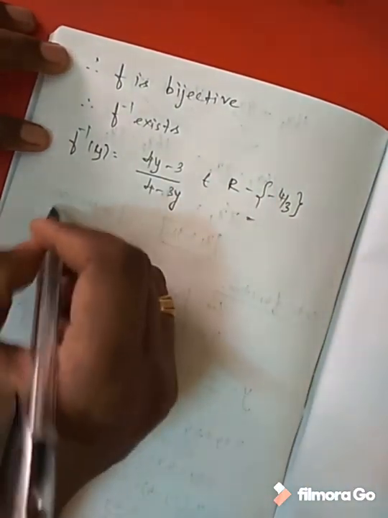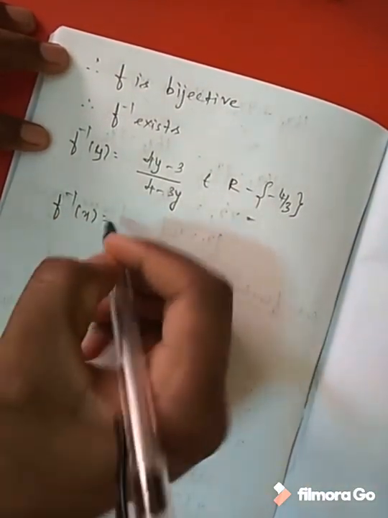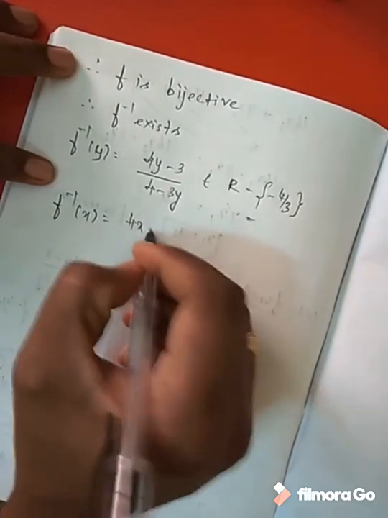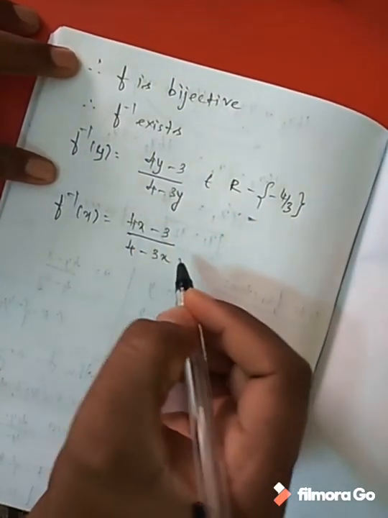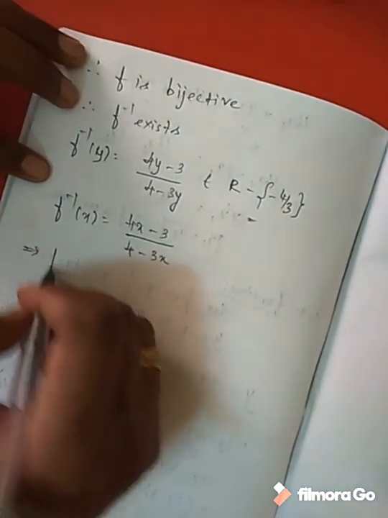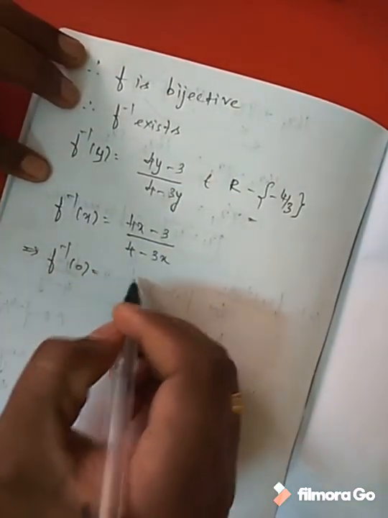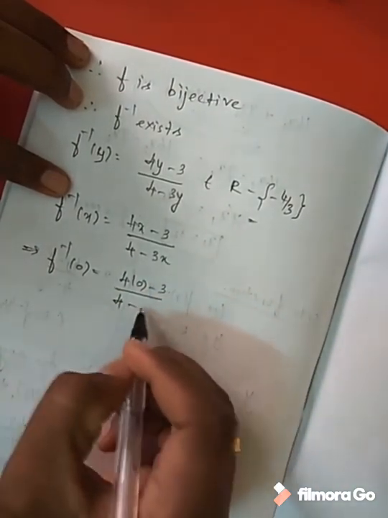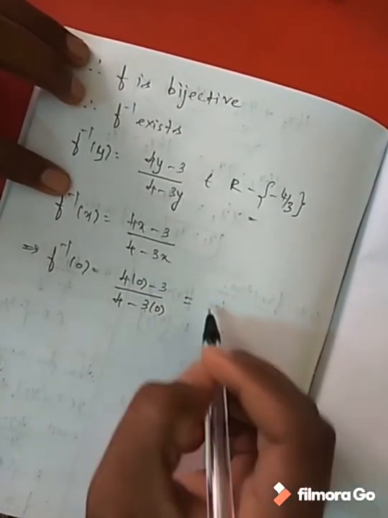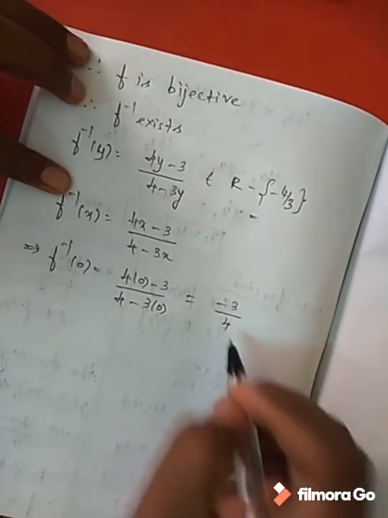Next condition, and also f inverse of x can be written as (4x minus 3) by (4 minus 3x). Right, now I'm going to find f inverse of 0. If I substitute 0, (4 into 0 minus 3) by (4 minus 3 into 0), so minus 3 by 4.